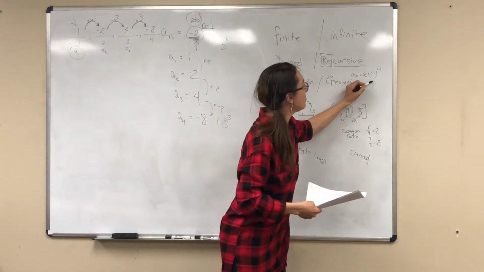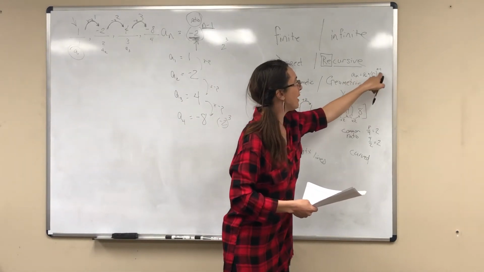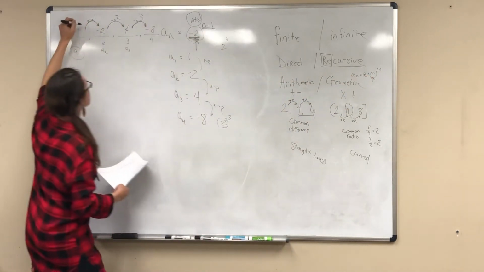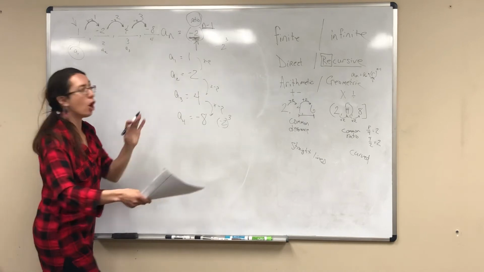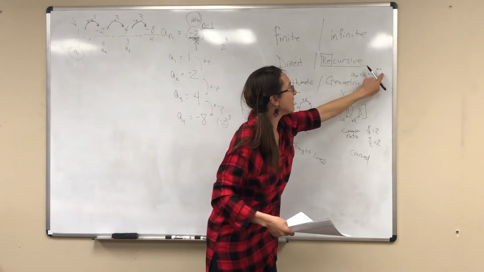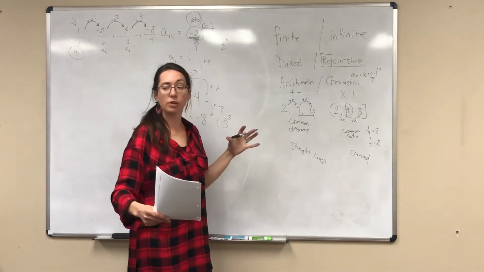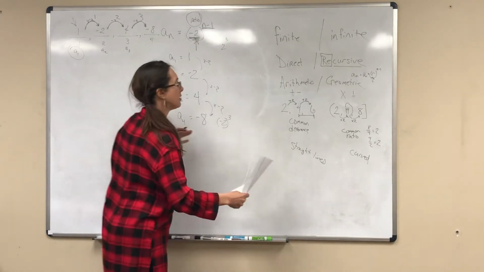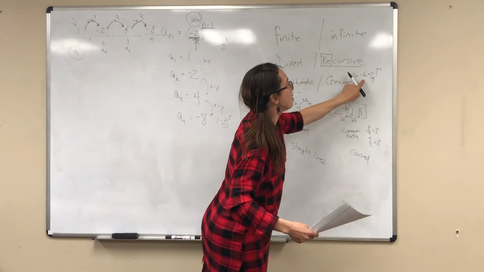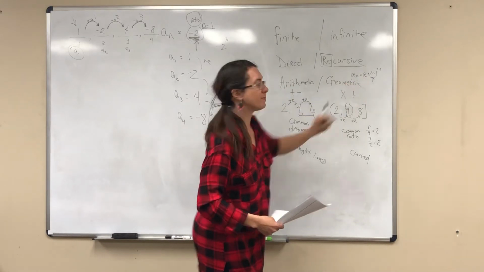My n minus 1 simply means how many jumps I've made. So it will always be 1 less than my total number of terms, correct? And then I have to multiply it times wherever I start.